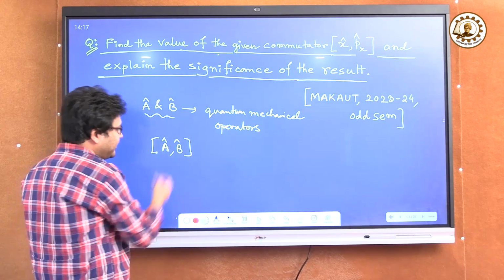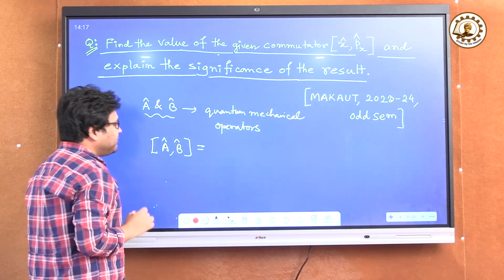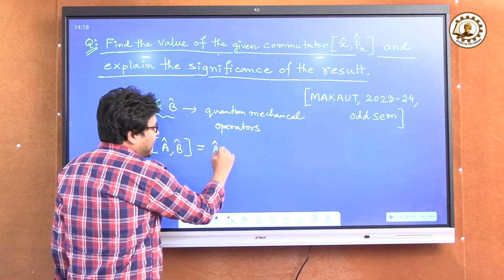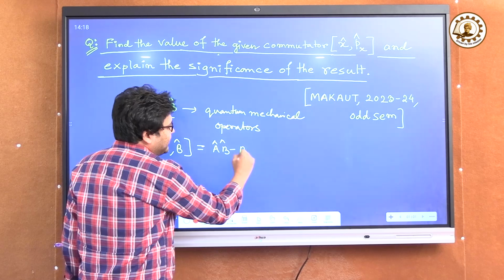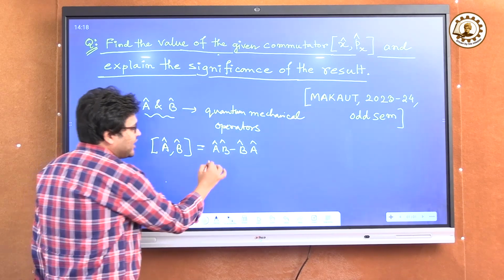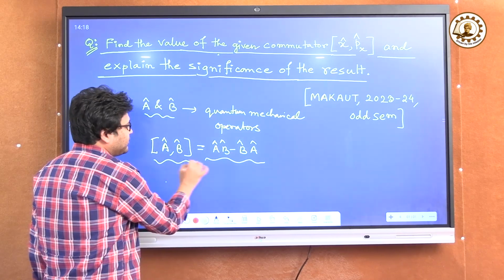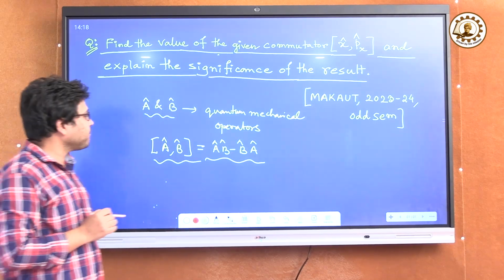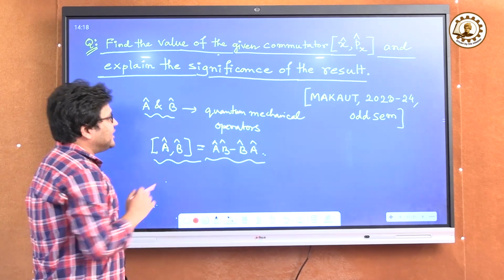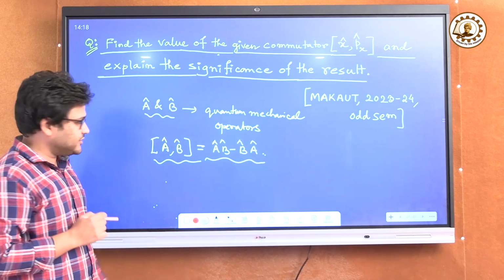This is the commutation bracket. The definition of the commutator between any two operators is a cap b cap minus b cap a cap. So we need to memorize this expression of the commutator bracket. We will utilize this formula in our present case.